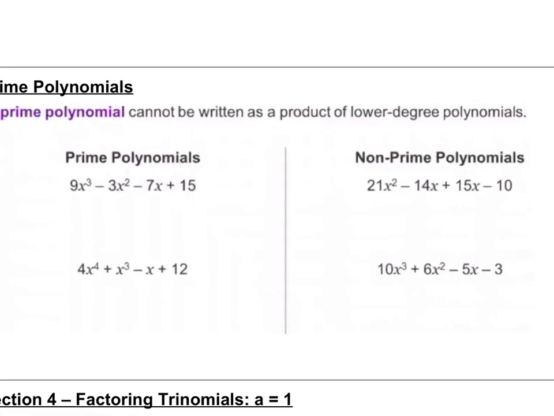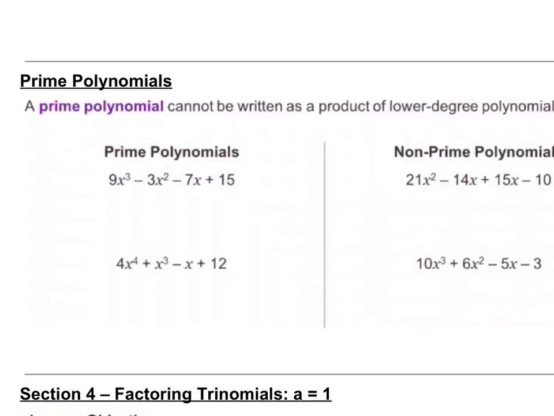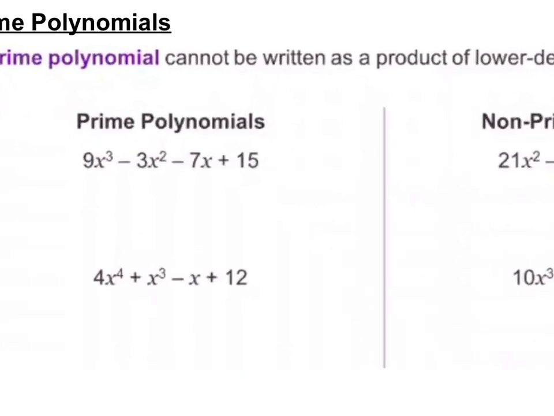Okay, I'm going to skip this one because we're running low on time. But on something like this, a prime polynomial is something that cannot be written as a product of lower degree polynomials. Here's what I'm thinking about.